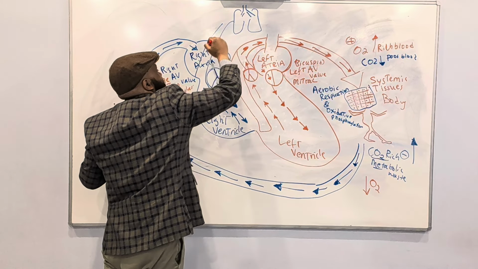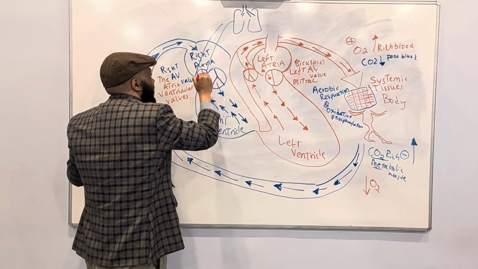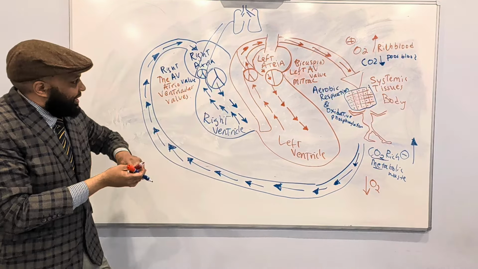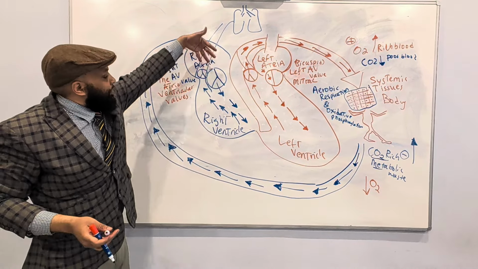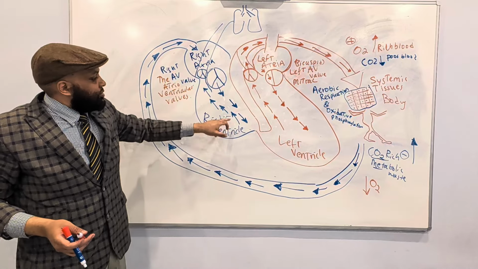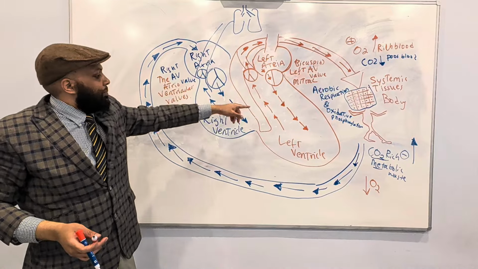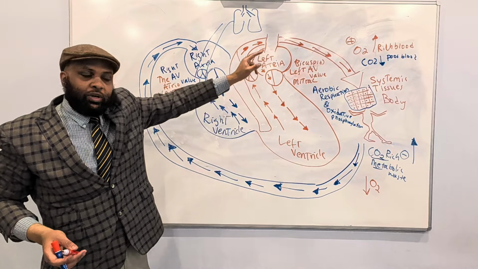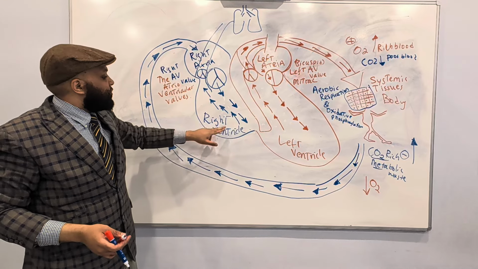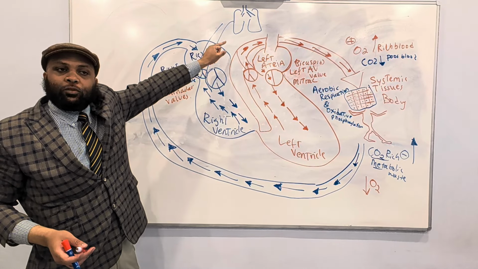Here's the lungs. So now, if you're exiting to the lungs, you have to go through another valve. You see? So we have two valves to bring blood in from the atria to the ventricle, and we have two valves to exit the blood. One goes through the aorta, and the other one goes from the right ventricle to the lungs.